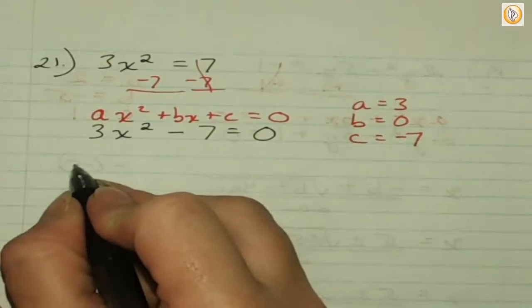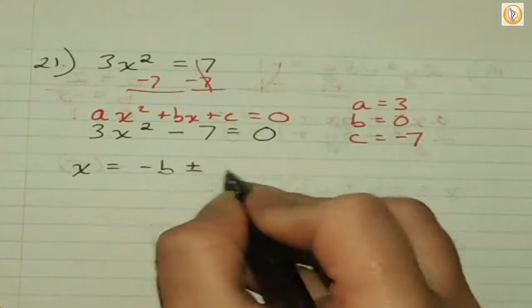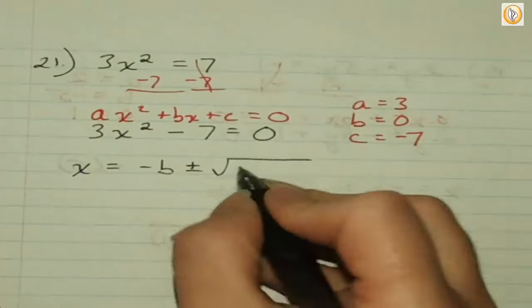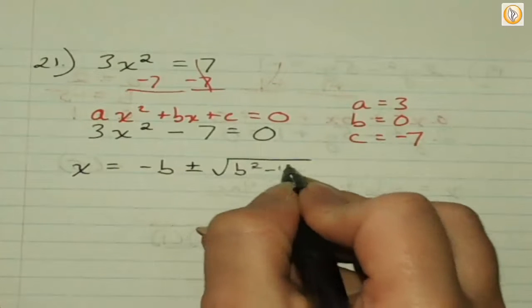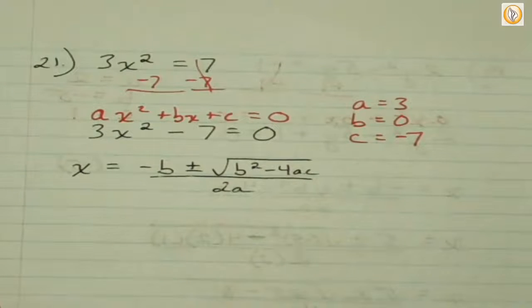All right, we're going to write negative b plus or minus square root of b squared minus 4ac over 2a. See, already some of y'all are probably memorizing this.